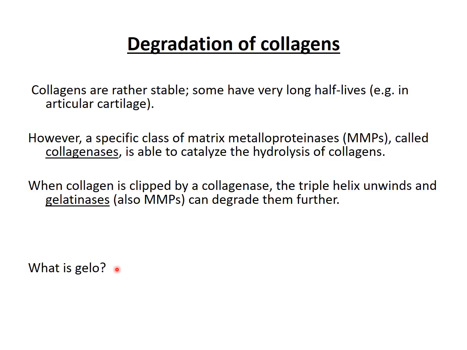So a question here: do you know what you eat when you eat jello? Yes. This is denatured collagen, partially treated with collagenase and gelatinase, disassembled by heat, and then you get this gelatinous network. Usually it is made from pig skin, so vegans cannot eat jello.